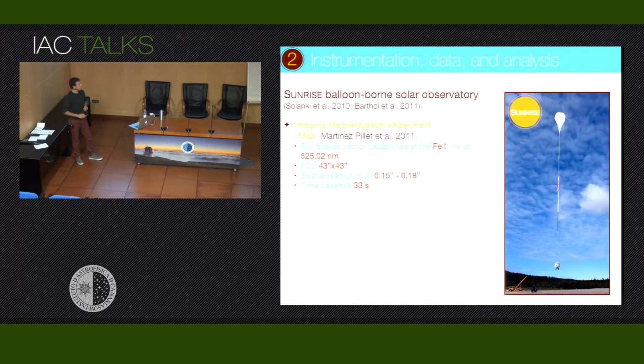Sunrise was above 40 kilometers above the Earth's surface. Being at this height, IMaX provides nearly seeing-free time series with a cadence of 33 seconds, which is fast enough to study the evolution of quiet-Sun magnetic fields.